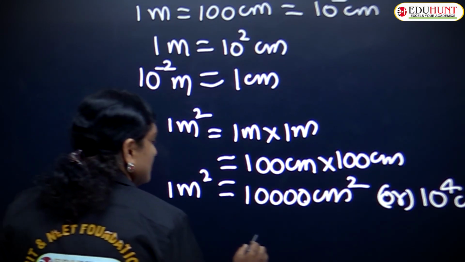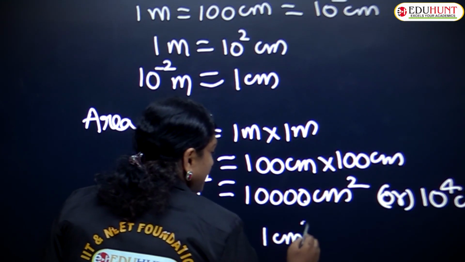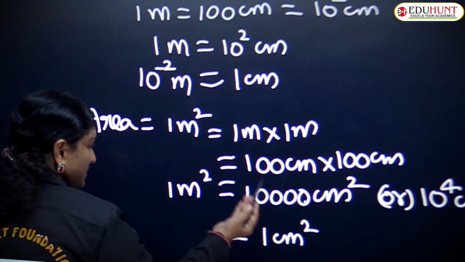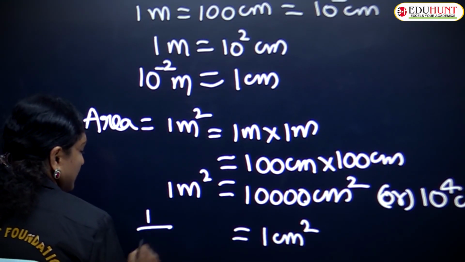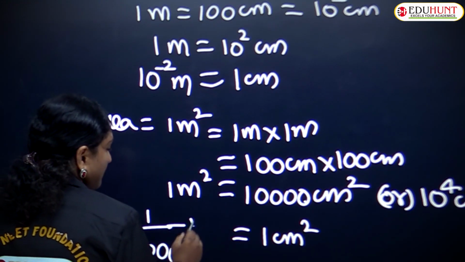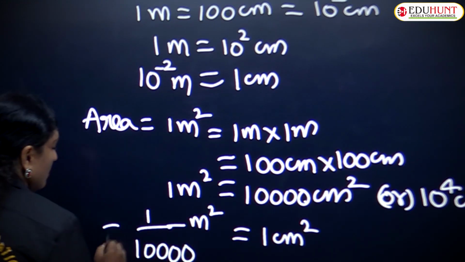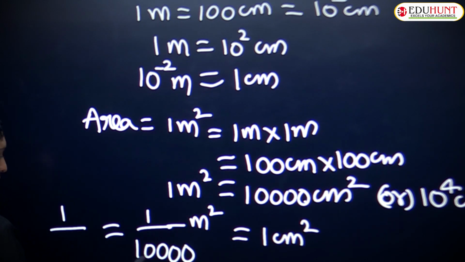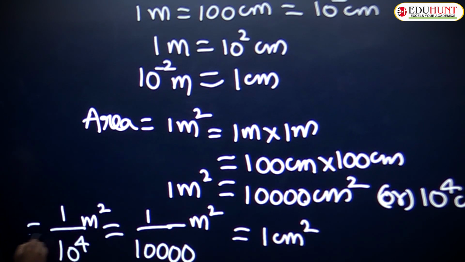In the reverse process, 1 centimeter square is equal to 1 by 10,000 meters square. This can also be written as 1 by 10 power 4 meters square, or 10 power minus 4 meters square.